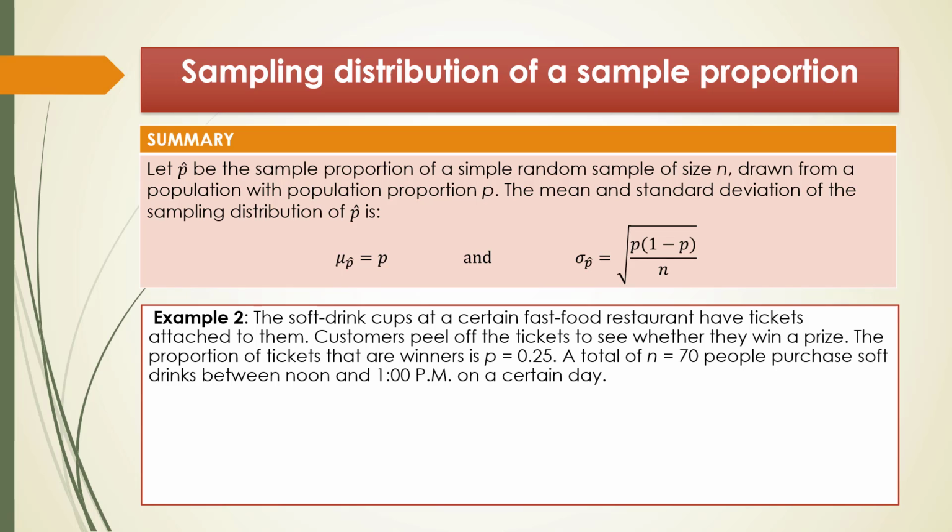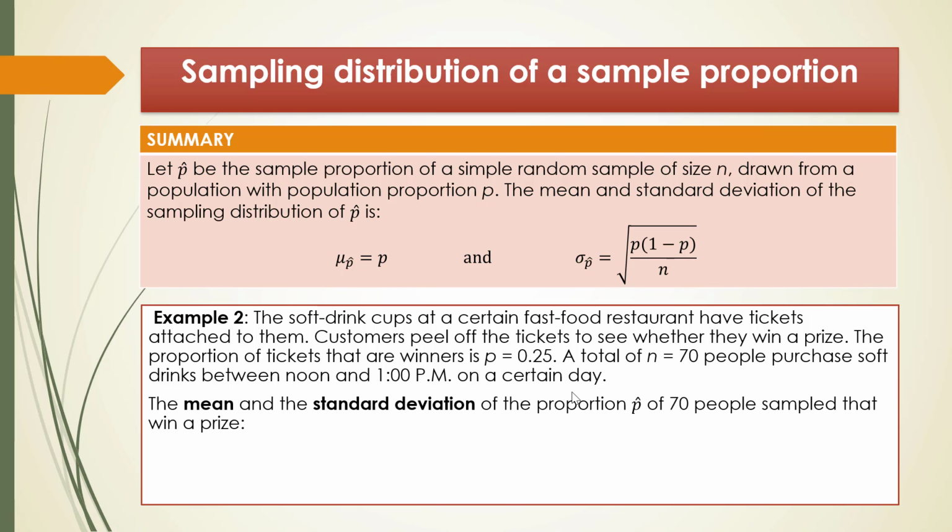A total of 70 people purchase soft drinks between noon and 1 p.m. on a certain day. So we are going to find the sampling distribution of the sample proportion. Here the population proportion is known as 0.25, and we are going to investigate the sampling distribution of the sample proportion, that means the proportion of the 70 people who win prizes.